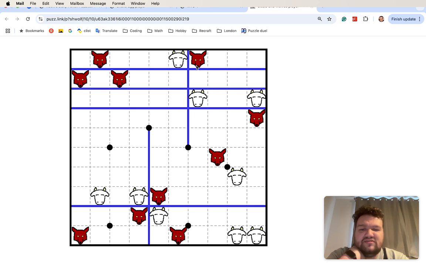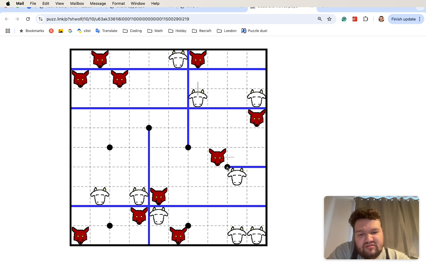But the lower one will create this empty region, so we cannot use it, so it must be this one. It's not really helpful, although I cannot use this line now because it will create this empty region, which means that those cells are connected and therefore I need to separate them like this.